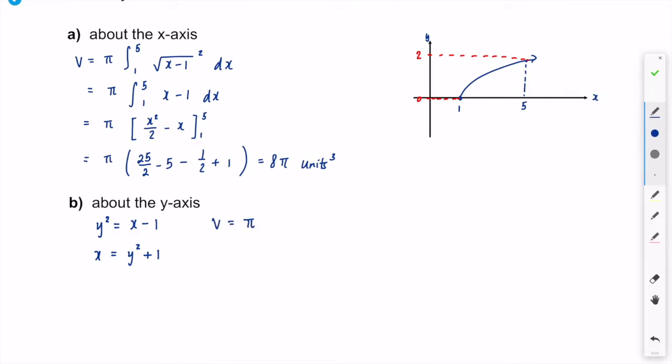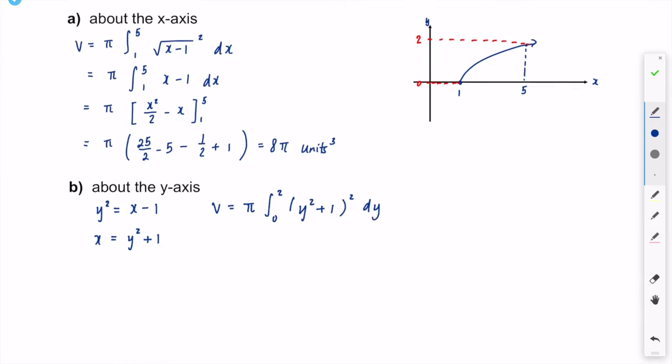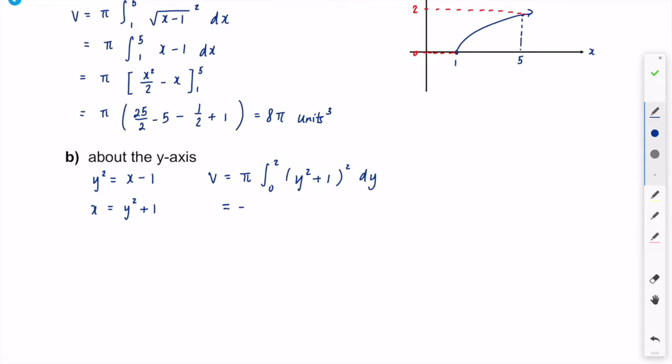This particular volume will be pi times the integral from 0 to 2 of y squared plus 1, squared, dy. We can expand the brackets because it's easier to integrate. y to the 4 plus 2y squared plus 1 dy.